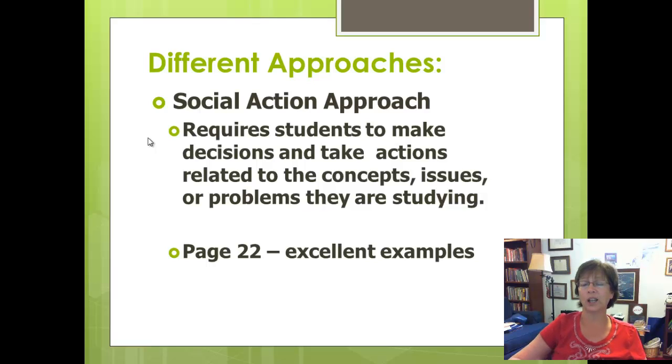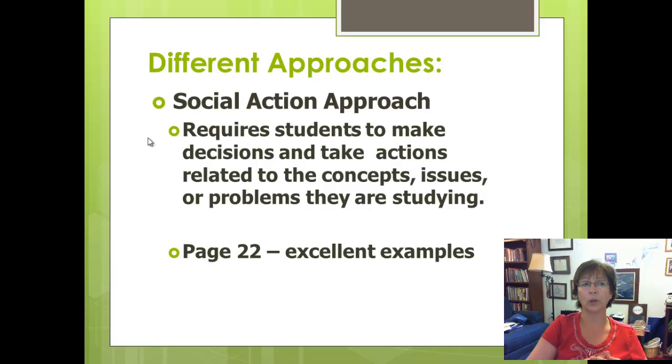The other approach, which is that fourth level, which I encourage you to do if you can do it, especially if you're teaching current events. If you're teaching the 8th grade and you're getting into the 20th and the 21st century, the social action approach is a great approach to take with your students. It's requiring students to make decisions and take actions related to the concepts, issues, or problems that they are studying.